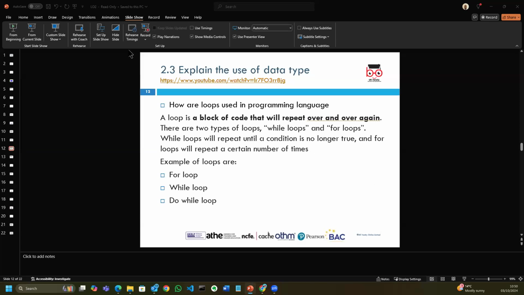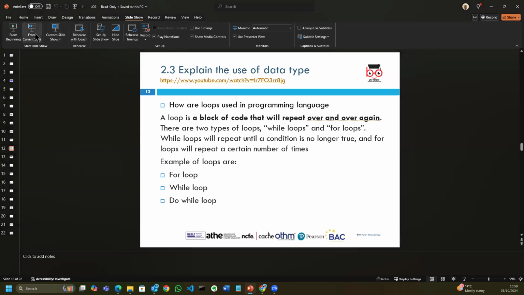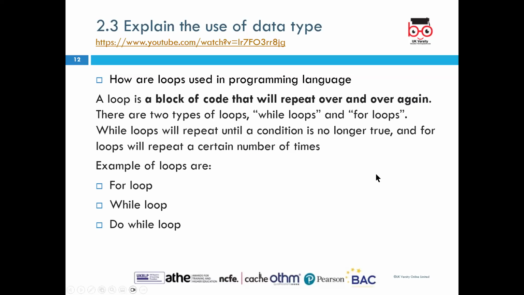Okay, so we had an example of how a for loop works with a very simple mathematical equation. A loop is a block of code that will repeat over and over again until a condition breaks the loop, or, for example, if we did not declare a condition to break our loop.